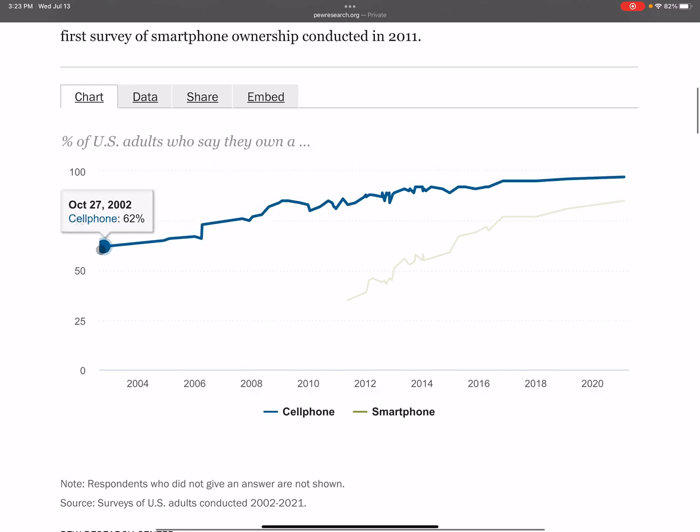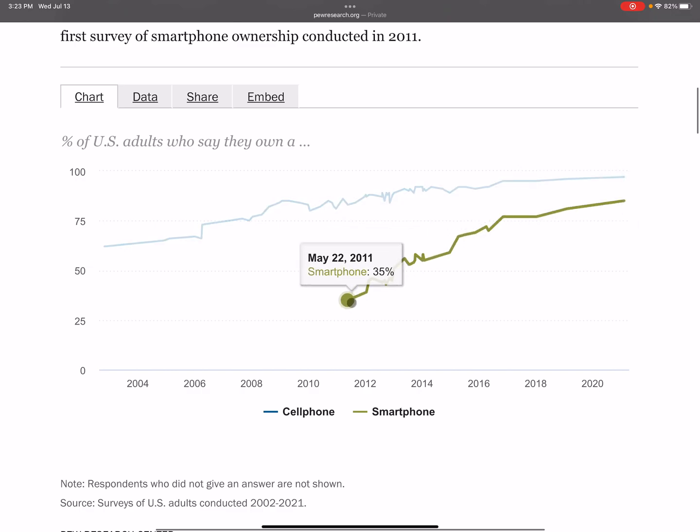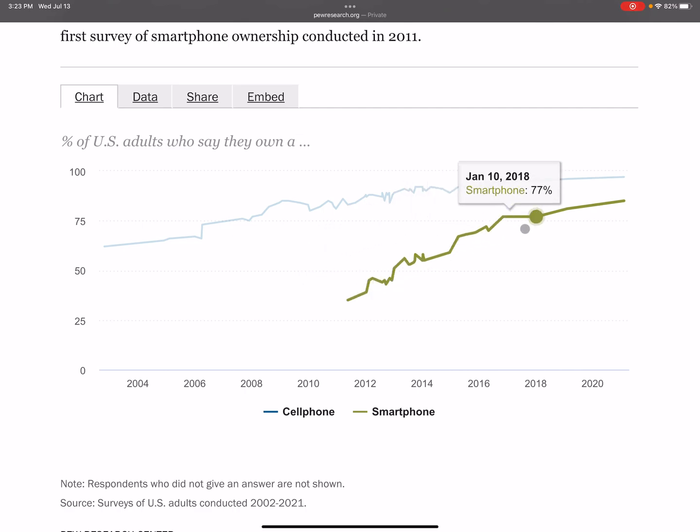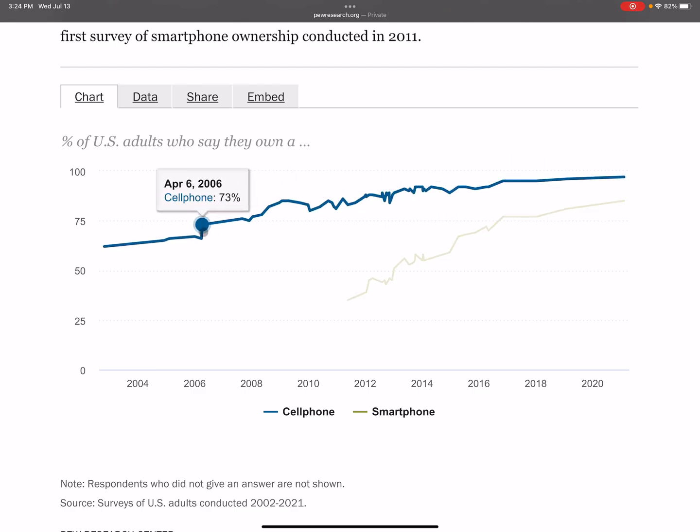From 2002, and then I guess smartphones came out in 2011. I'm pretty sure that's the iPhone, but I might be wrong. And then from here, it has a steady increase. As you can see, this is not a completely linear line, so it might not work 100%, but I'm going to show you guys how to make this work.